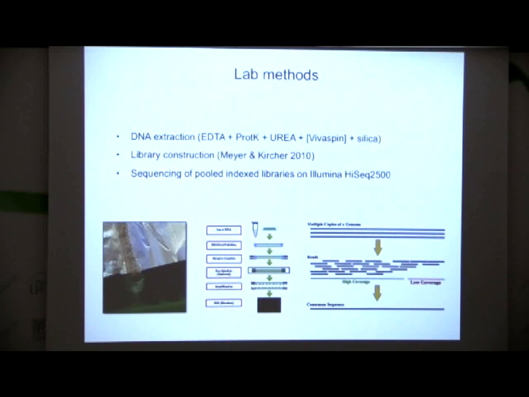And obviously, if you're trying to sequence something like a Neanderthal, like the first Neanderthal paper, where they had about 1% endogenous DNA, you're going to have to spend a lot of money sequencing those 99% bacterial DNAs that are in there. So if you can choose, you want to identify the samples that have a very high endogenous DNA content. Once we do that, we then try to sequence more deeply to get complete genome sequences.